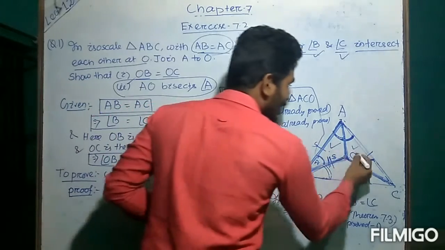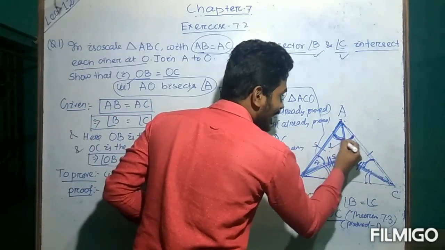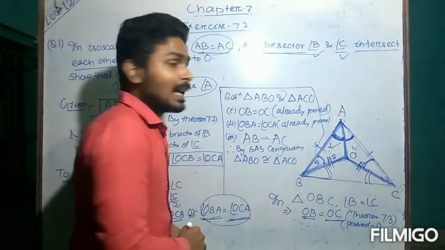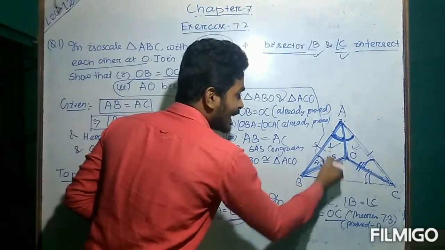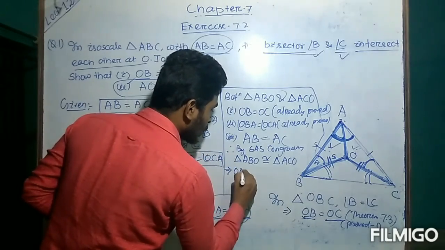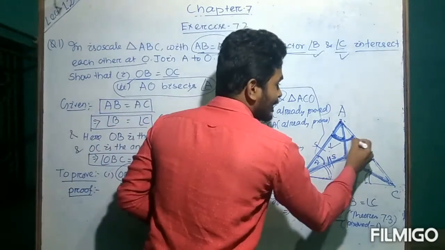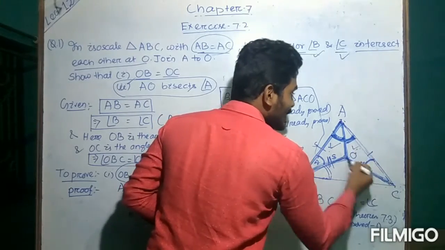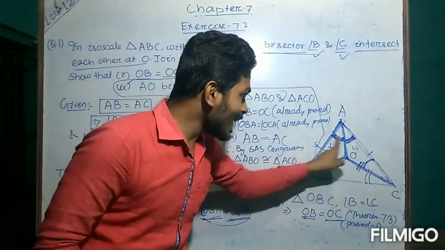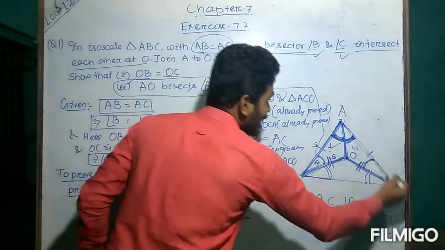Since these two triangles are congruent, then we can write that this angle, this is the angle for which triangle? ABO, is equal to, this angle means angle OAB, implies angle OAB is equal to this angle of the triangle ACO, because these two triangles are congruent, that means their angles must be equal, so is equal to OAC.